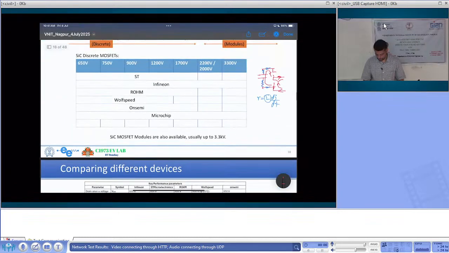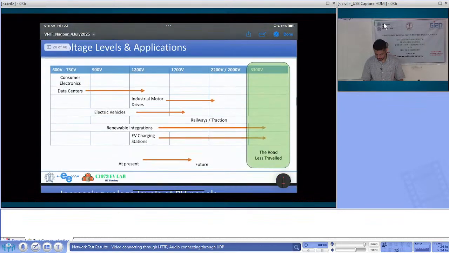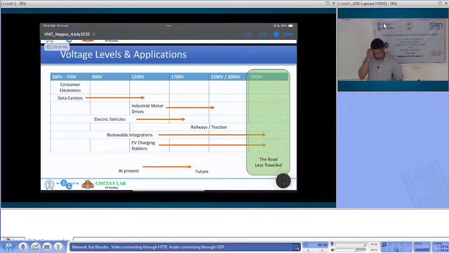Okay. Let me skip this one and let's see what the different applications are when we talk about medium voltages. Most consumer electronics, mobile phones, laptops, even household washing machines and dryers, usually use devices of 600 volt, 700 volt. They don't go to very high voltages because in a house you usually have single phase, plus it's easier and safer to build with lower voltages.